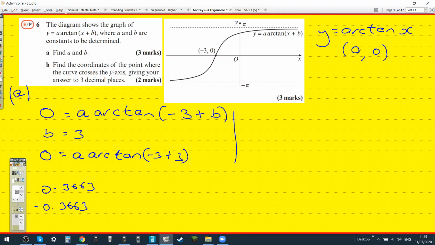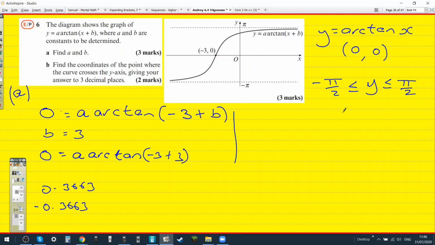Y equals arctan x. What is its range? Would that be minus pi over 2 is smaller or equal to y is smaller or equal to pi over 2? What is the range for this one? For which one, sorry?